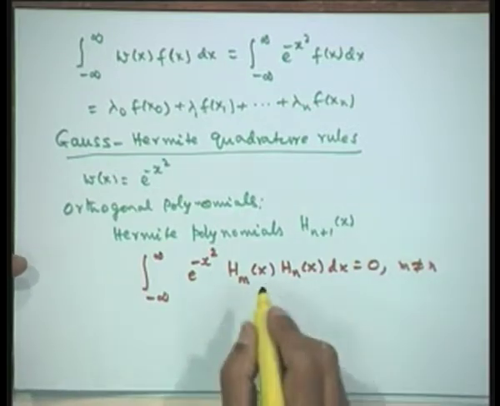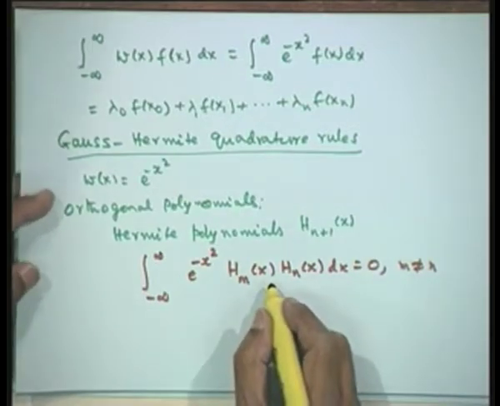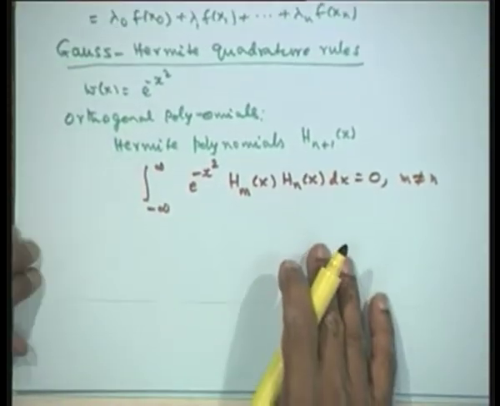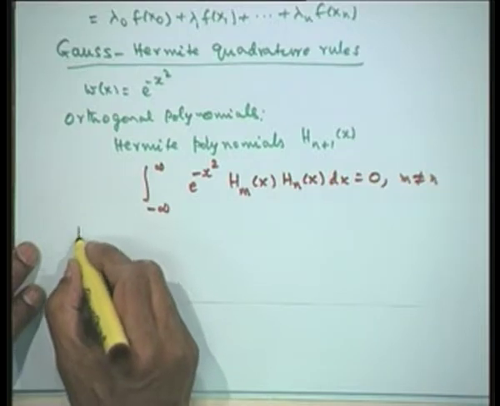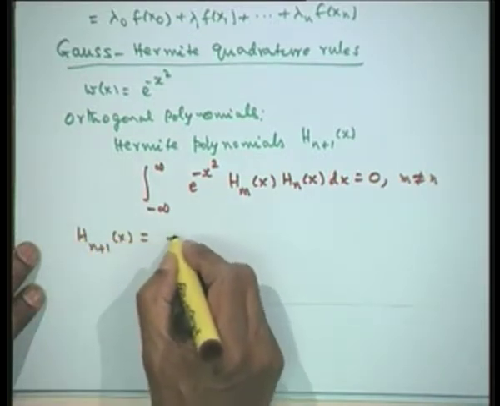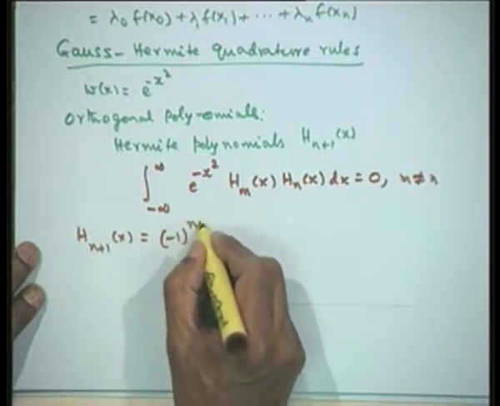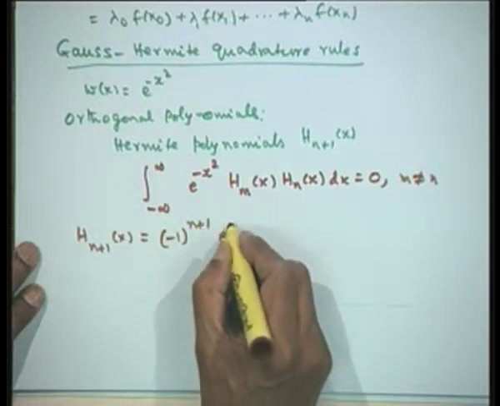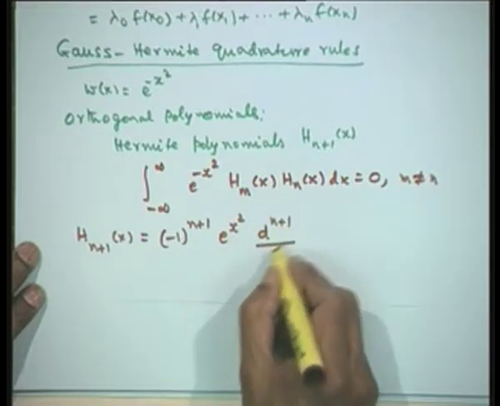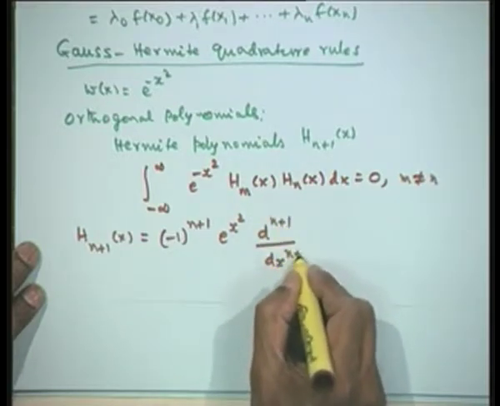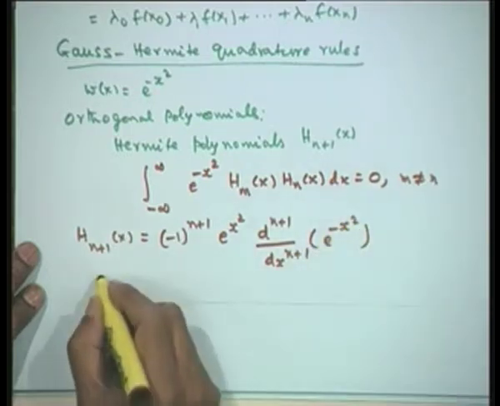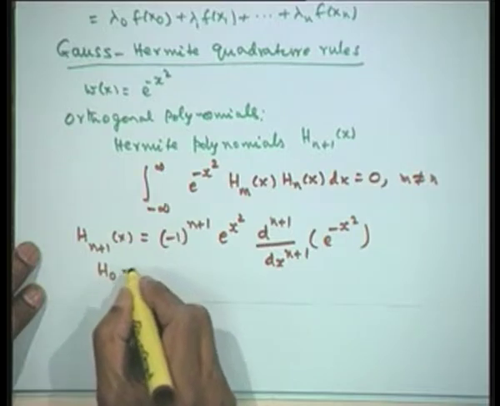Now, let us define what is the Hermite polynomial. Let us just take few of the Hermite polynomials. The Hermite polynomial is defined as this. So, h n plus 1 x is given by minus 1 to the power of n plus 1 exponential of x squared d n plus 1 upon dx n plus 1 of exponential of minus x squared, with h naught is equal to 1.